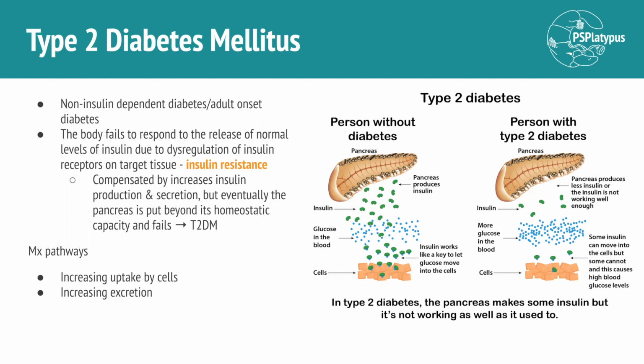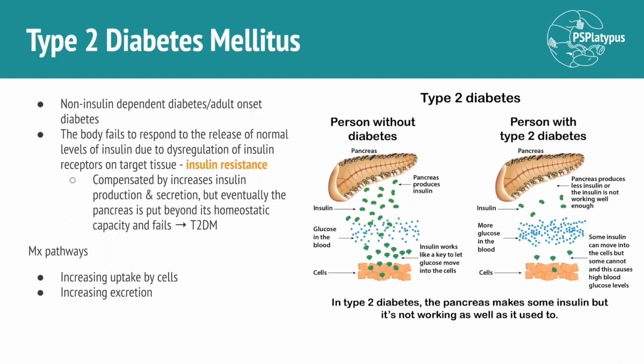So the body compensates for this by increasing the insulin production and secretion by the pancreas, but eventually the pancreas is put beyond its ability of homeostatic control and therefore starts to fail. This results in the pancreas producing less insulin, or the insulin that is produced is not as effective due to manufacturing defects due to the increased stress placed on the pancreas.